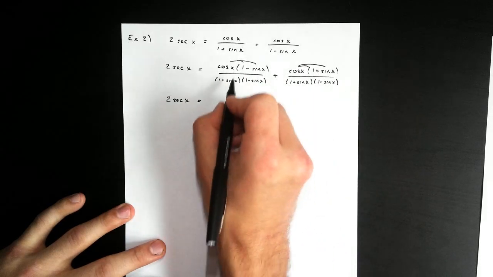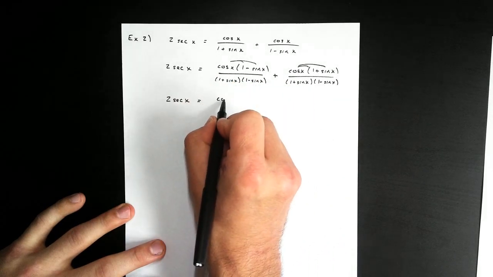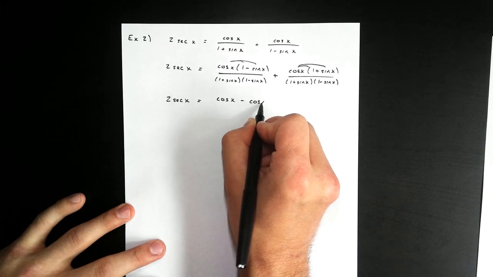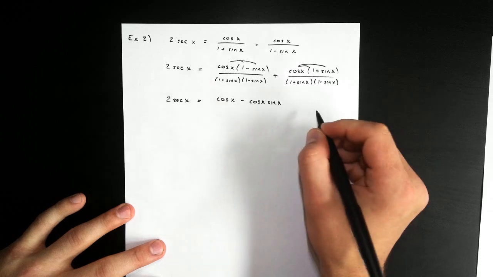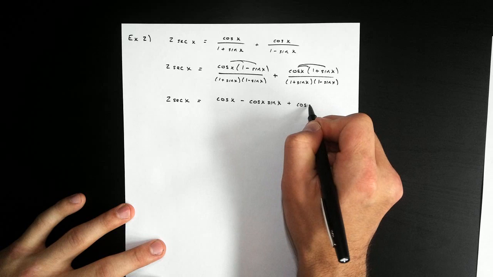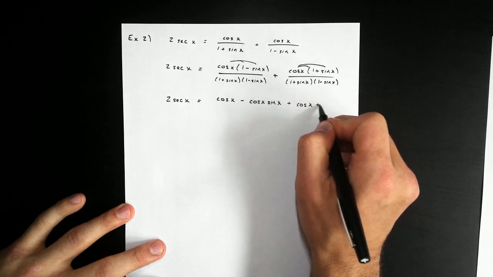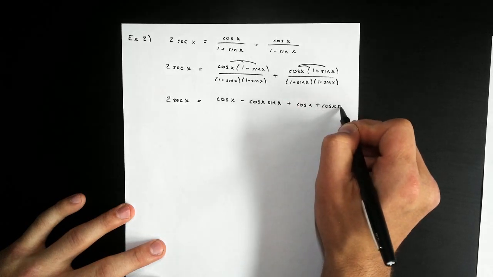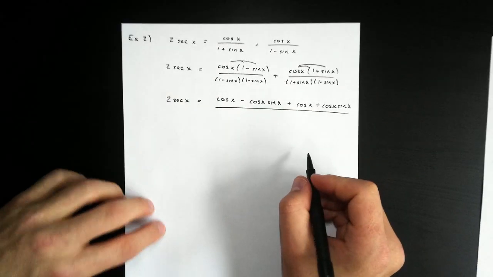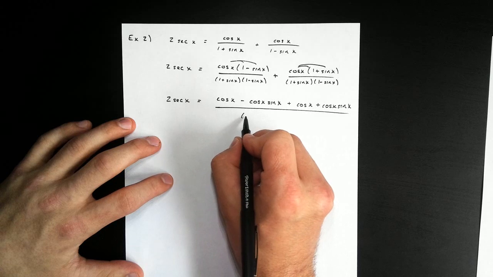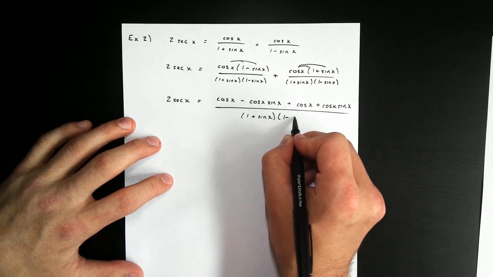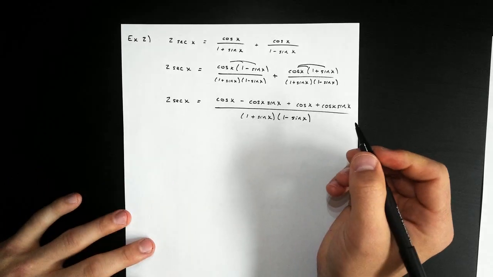So then these two distributed, we have the cosine of x minus cosine times the sine, and then plus, for our second one, we have the cosine of x again, and then this time it will be plus cosine of x sine of x. And that's our numerator, so we got a big fraction here, and then our common denominator 1 plus sine of x and 1 minus the sine of x.